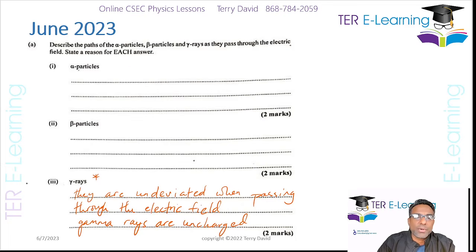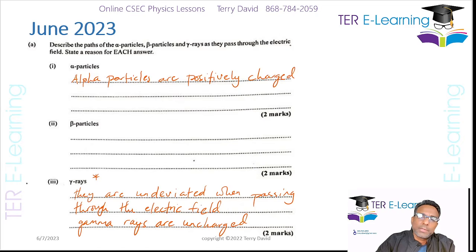Let's talk now about alpha particles. Alpha particles are positively charged and are deflected towards the negative plate.